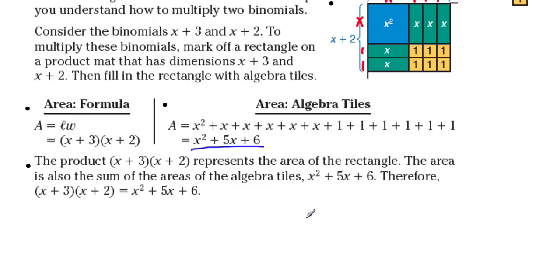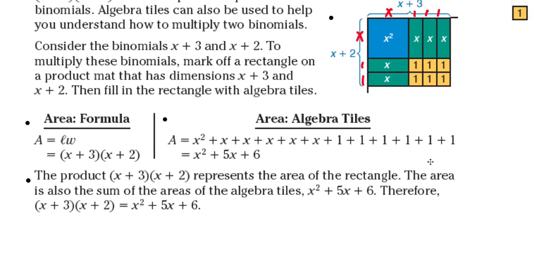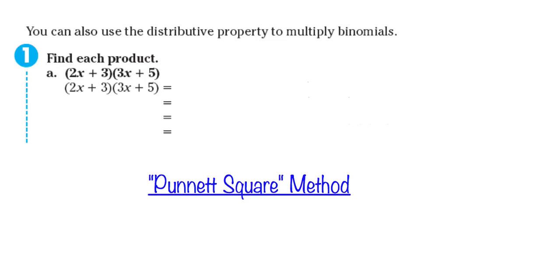But there's another way of finding the product of x plus 3 and x plus 2 without using algebra tiles. Again, algebra tiles become quite impractical when the coefficients of our variables become larger. Let's take a look at this example.